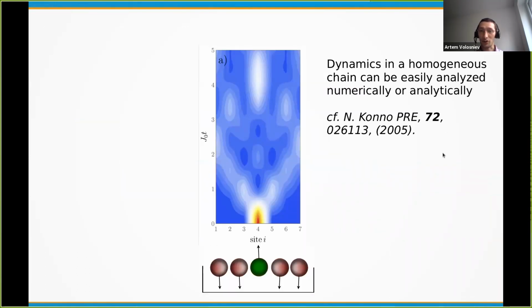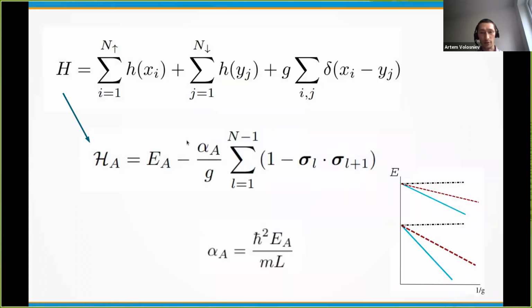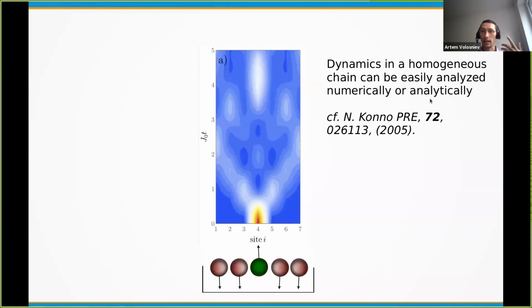Okay, first I just wanted to say that for this spin chain, you could easily calculate the time dynamics, and I'm showing it here. It can be done numerically or even analytically in the limit when the system is very large. So I refer to this paper, and here we show the result. Just an illustration so that you have in mind what I'm talking about.